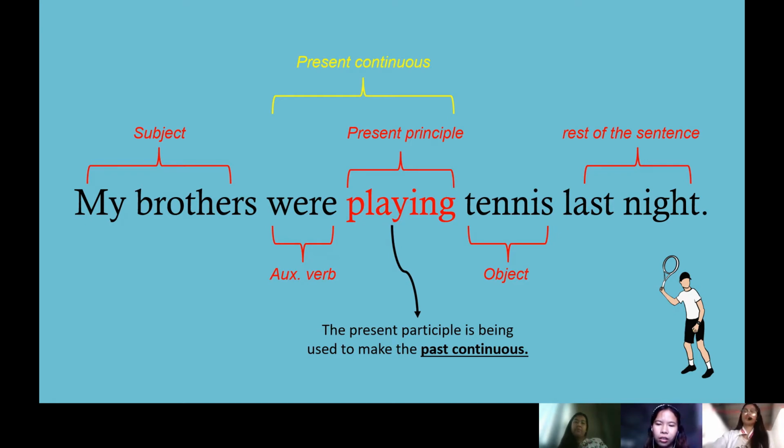How about the object? Which one is the object of the sentence? Tennis. Okay, tennis. How about the auxiliary verb?